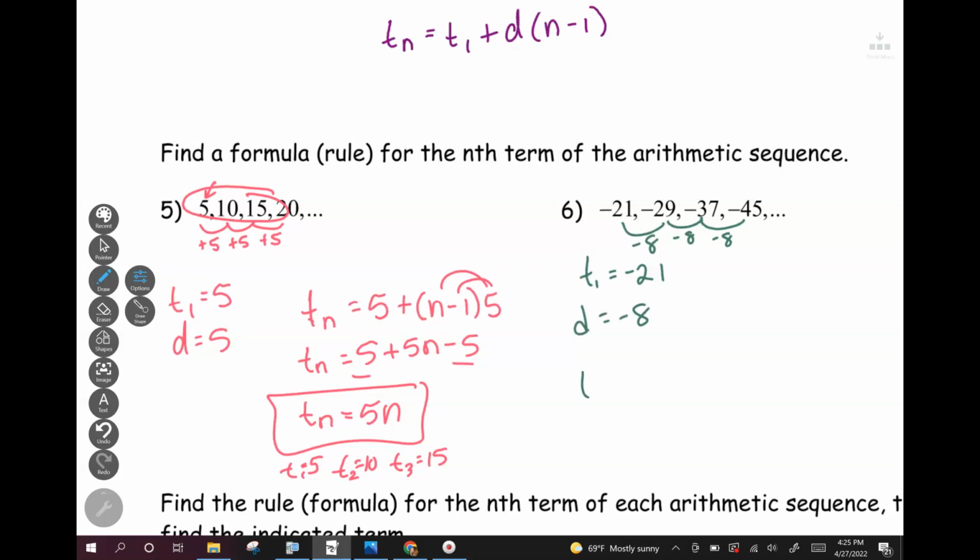Now we plug everything in. I'm going to put the d in front of the parentheses this time. Now let's simplify it by distributing and combining like terms.